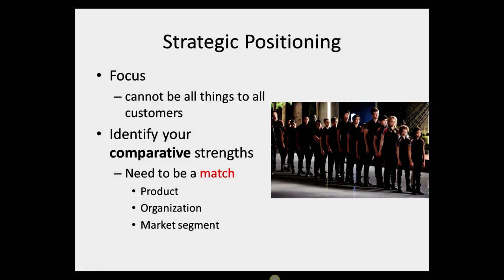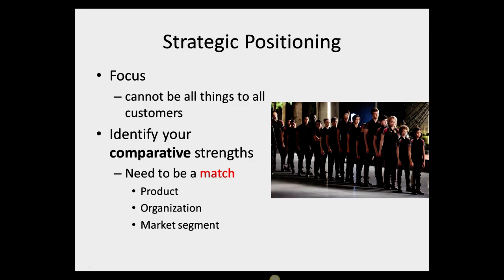So we're back to the Hunger Games example. So you need to focus, basically. As you can see, all of these different competitors in the Hunger Games, they have different strengths. Some of them are strong, some of them are not. So you can't compete by being all things to all customers. It just doesn't work.